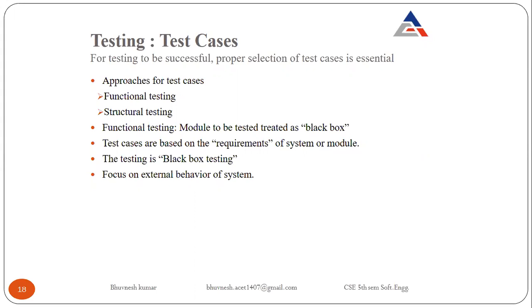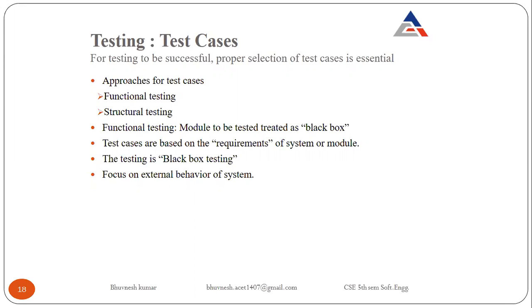Why is it called black box? Because those who have no knowledge of coding will not know what testing is performed. That is why it is called black box. Internal functionality is not shown to the user, and how things are tested is not mentioned or made clear to the user. Those who have knowledge can understand it.